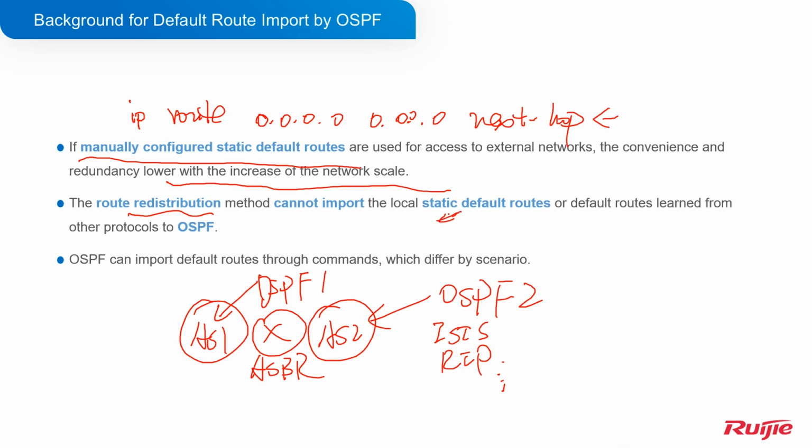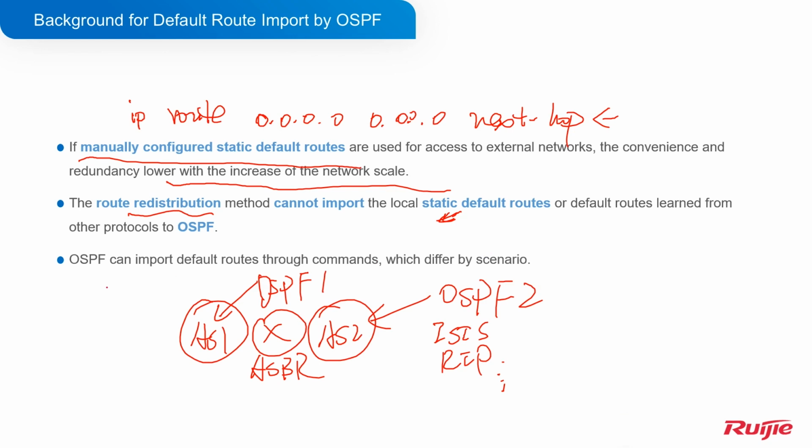So this is a problem. We can't use route redistribution on our OSPF device. Another reason is default routes learned from another protocol into OSPF. So for these two reasons, we can't use route redistribution to import the static default routes on the local device or from other protocols.